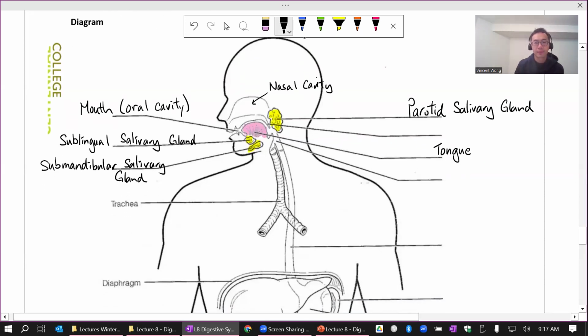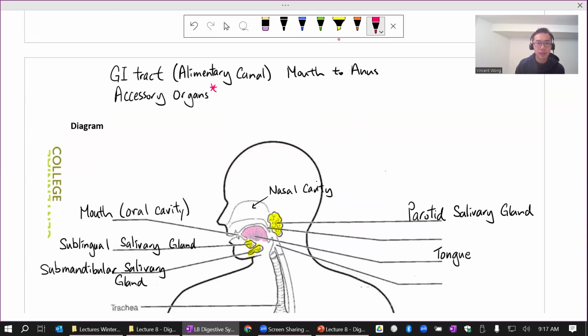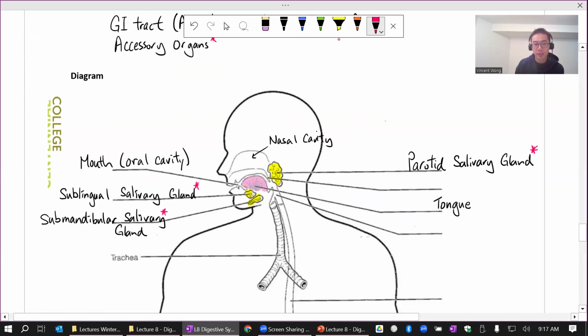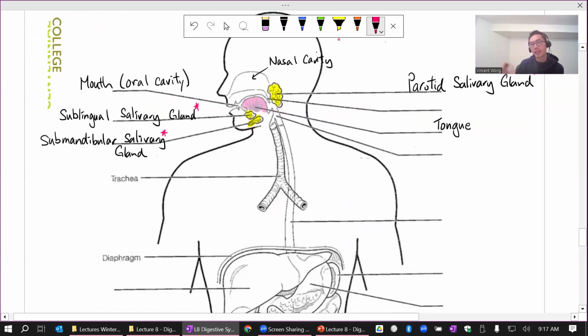Okay, so these are accessory organs. Why don't I put a star here, and I will star all the accessory organs for you. The food does not go into the salivary glands, but we need the salivary glands to secrete the saliva, which will help us process the food.